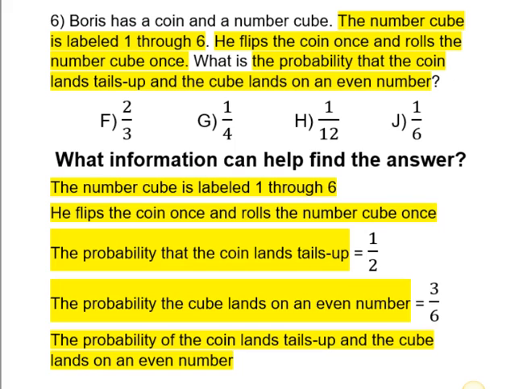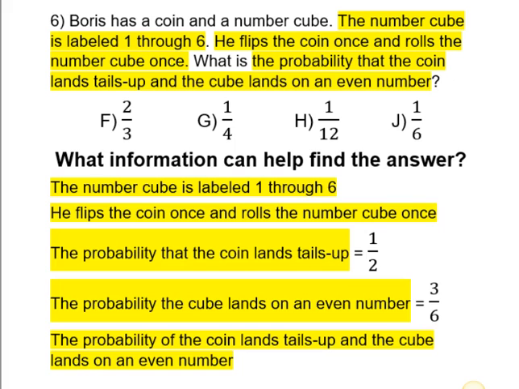Well, one, that the number cube is labeled 1 through 6, and that Boris flips the coin once and rolls the number cube once. The probability that the coin lands tails up is 1/2 because there are two sides of a coin.